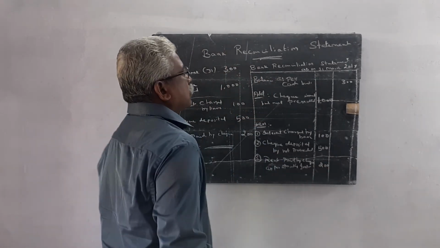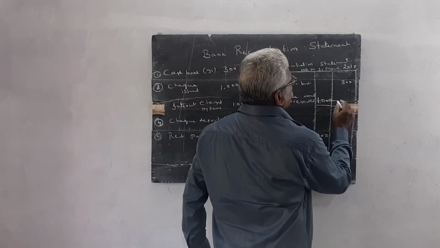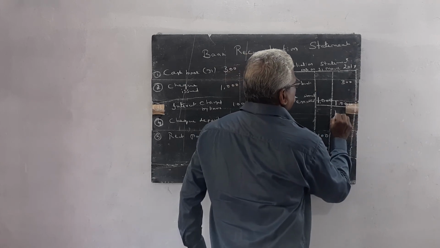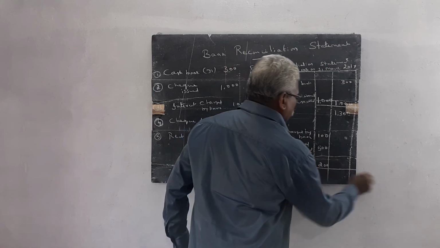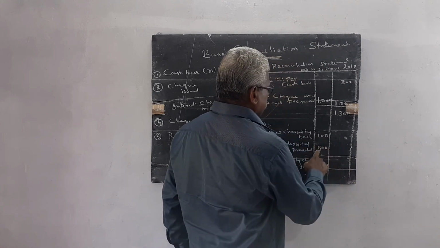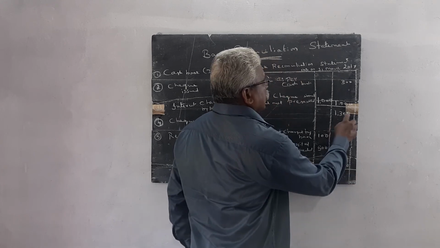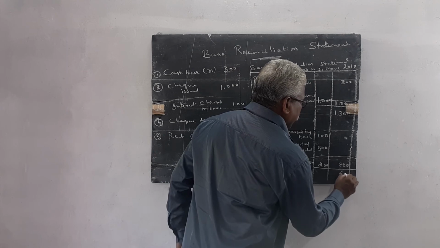So all the information is entered. Then we close the account. We draw a single line here. This 1000 is entered here. So 1000 plus 300 is equal to 1300. Then we total these items also. 600 plus 200 is equal to 800. 1300 minus 800 is equal to 500.